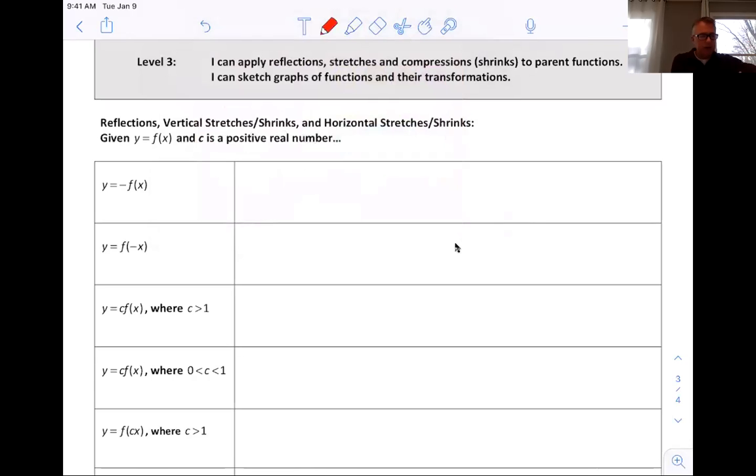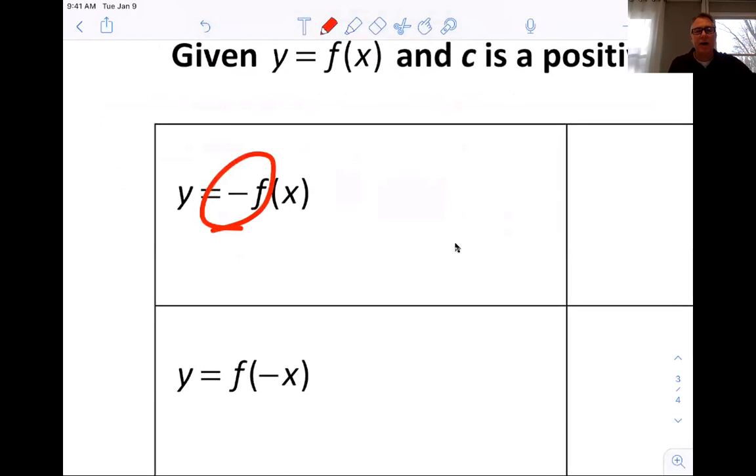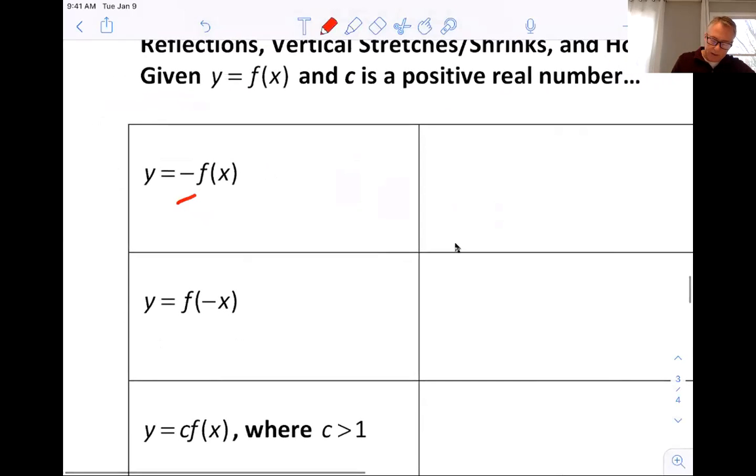When you multiply by something, that causes a reflection. So here we are multiplying by a negative externally, as opposed to this is internally. Okay, so first recognize that this is an external multiplication. This is an internal multiplication because they do different things.